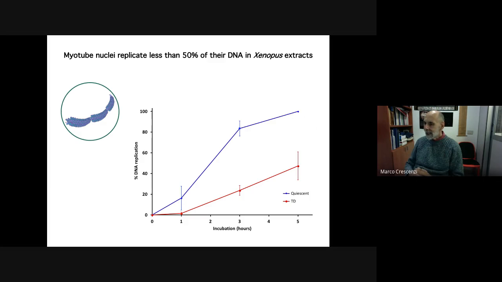So let's try and get rid of whatever is not involved in determining complete DNA replication. Let's simplify these nuclei and get the simplest genetic material from myotubes that still shows incomplete DNA replication. That simplest material is the starting point to look for what causes incomplete DNA replication.